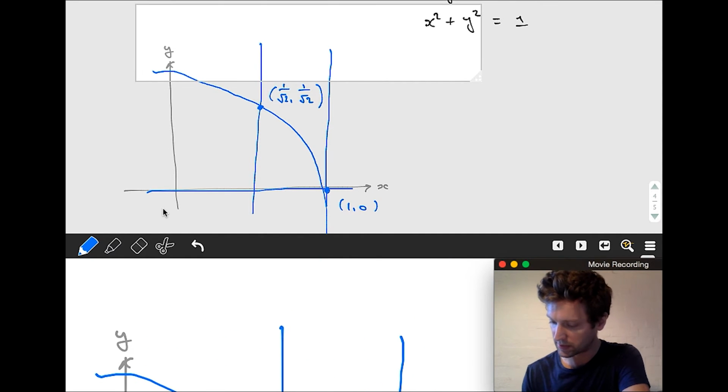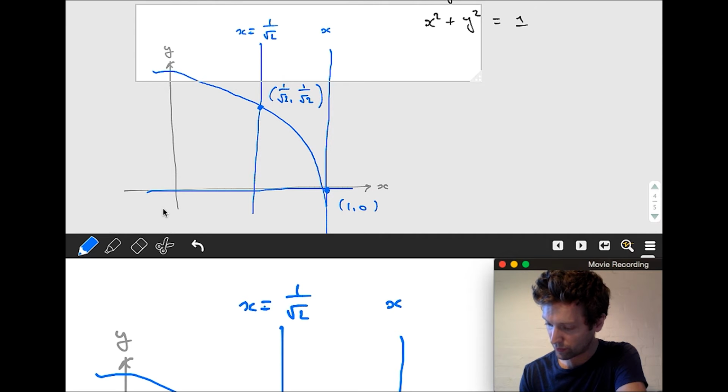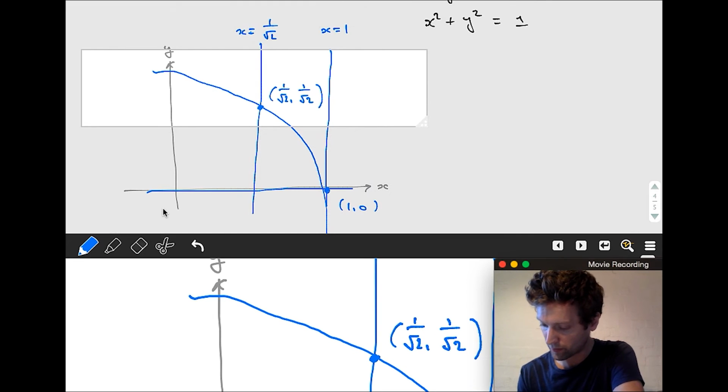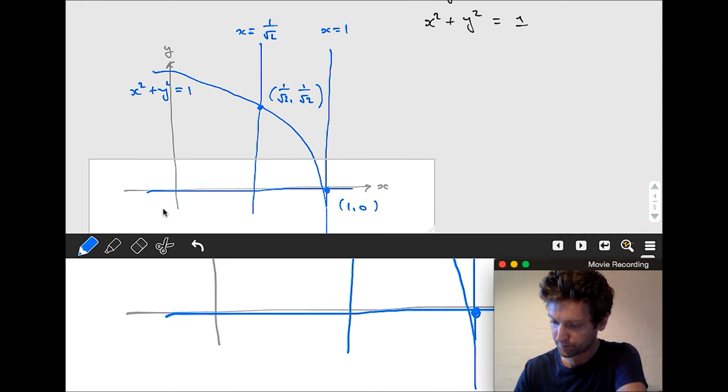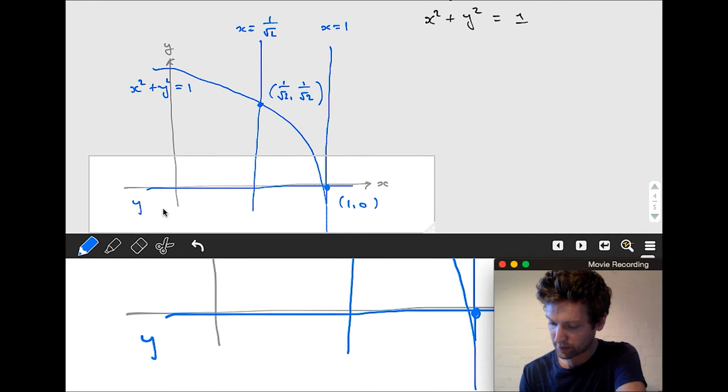Let's draw in what these lines were. So this was x is equal to 1 over root 2. We've got x is equal to 1. We've got our curve, our unit circle, x squared plus y squared is equal to 1. And we've got y is equal to 0.